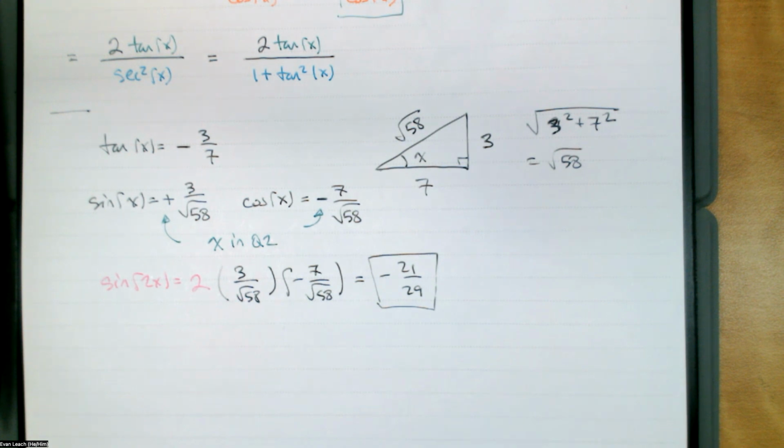If someone happened to remember the double angle identity for sine in terms of tangent, I'd be like, oh, that's weird. Almost no one remembers that, but I'd be perfectly happy. Whatever gets you to the end of the problem, whatever occurs to you to do first, that's the best answer.